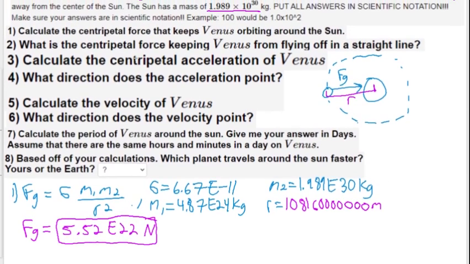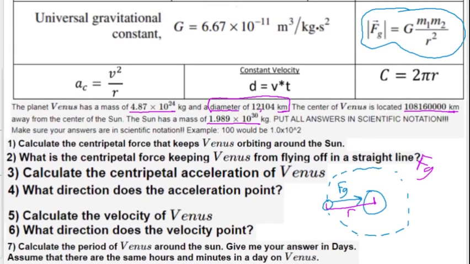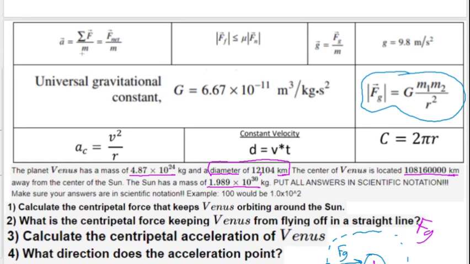All right, number two, what is the centripetal force keeping Venus from flying off? We already answered that in our diagram right here. It's just force of gravity. So now we can move on to number three, which is calculate the centripetal acceleration of Venus. So if we look up here, we have a few equations with acceleration in it. We have AC is equal to V squared over R, and that's talking about centripetal acceleration. But in order to use this one, we need velocity.